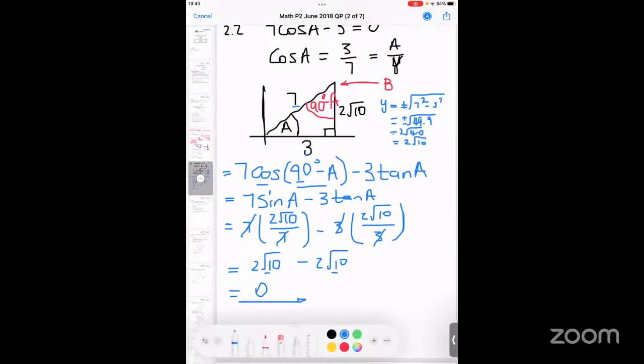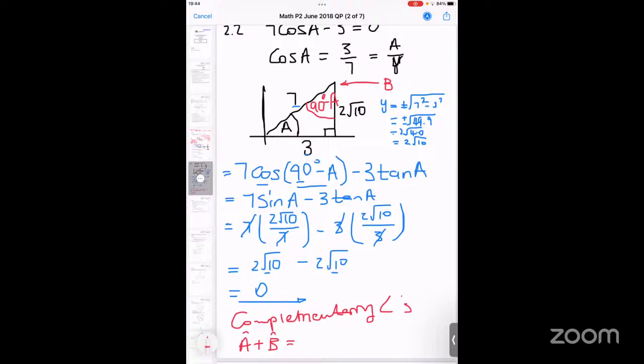Doesn't it mean that when you add angle A and angle B, they will give you 90 degrees? Yes, exactly that. When angles are complementary, that means one angle, when you add it to another angle, they must equal 90 degrees.